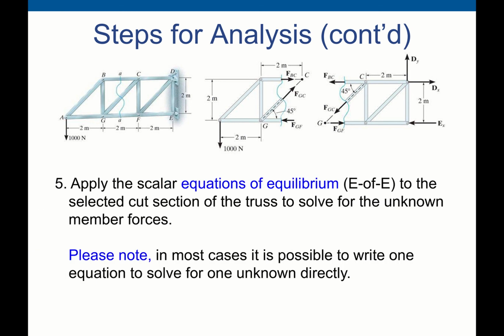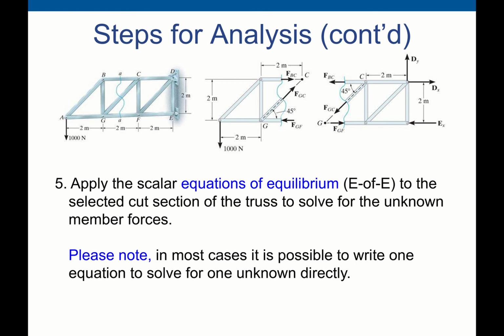The last step is to apply the equilibrium equations. Like I showed you before, if you can use a moment equation that identifies an unknown force directly, then just do it.